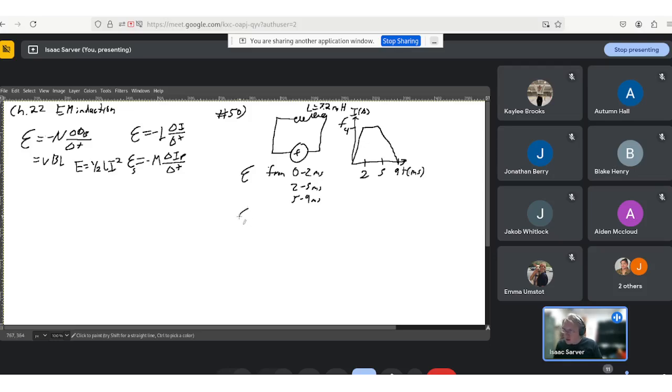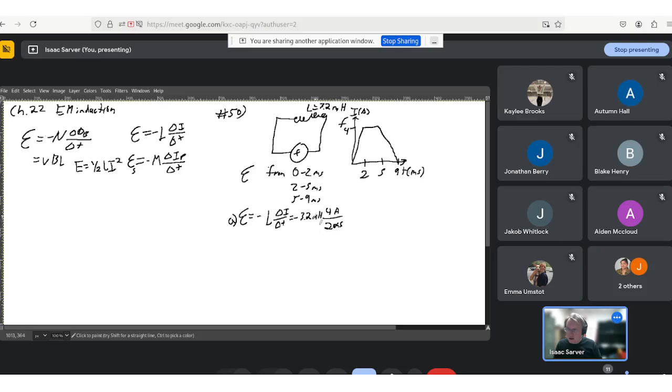So we're looking for the EMF, which is minus L change of I over change in time. We are told that this is minus 3.2 millihenries. For the first one, A, we're going to increase the current by 4 amps in 2 milliseconds.